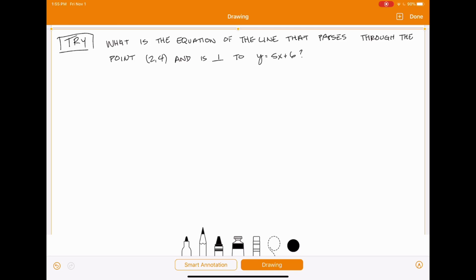All right, so again, just like we did above, find an equation of a line that passes through this point and is perpendicular to this. All right, so go ahead and pause your video now and take some time to work that out. And then you'll find the solution in the PDF below.